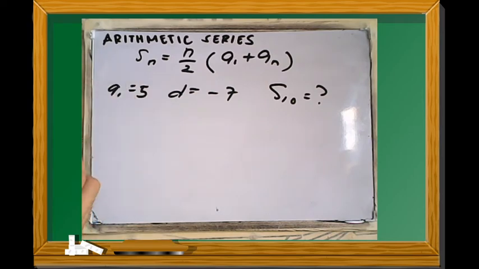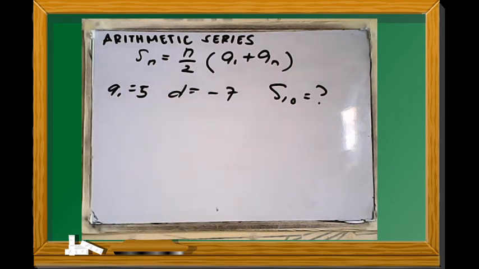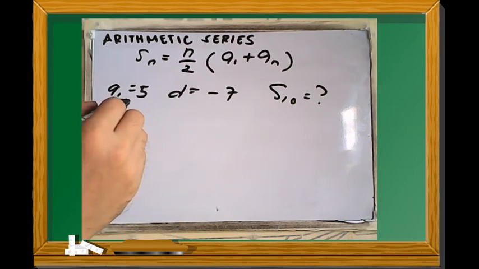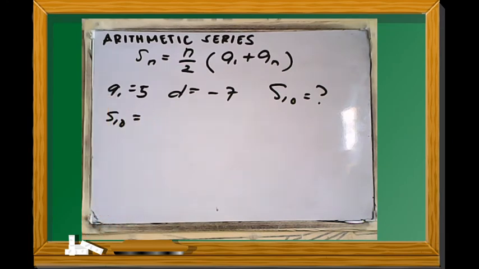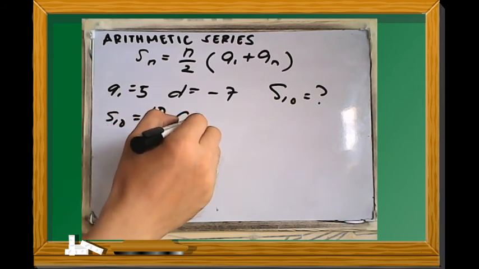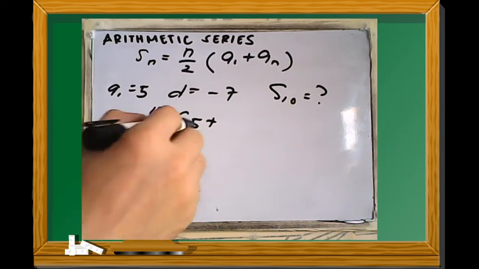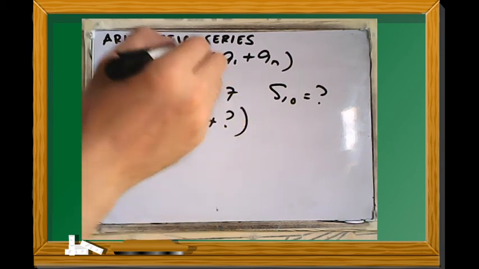So since we don't know the value of S sub 10, S sub 10 is equal to the number of terms, 10, over 2, times a sub 1, which is 5, plus a sub n, which is unknown.